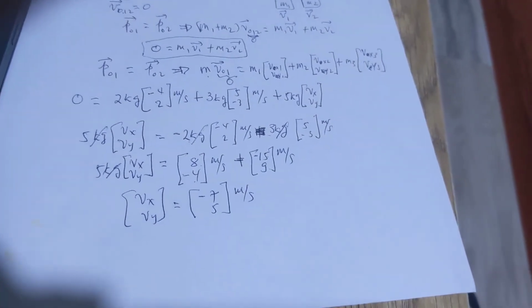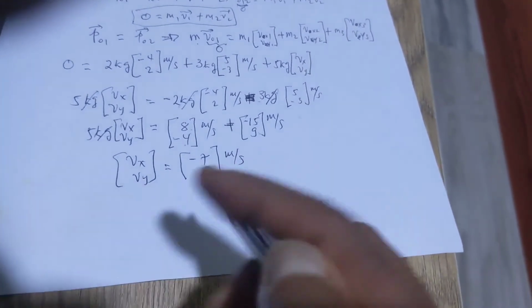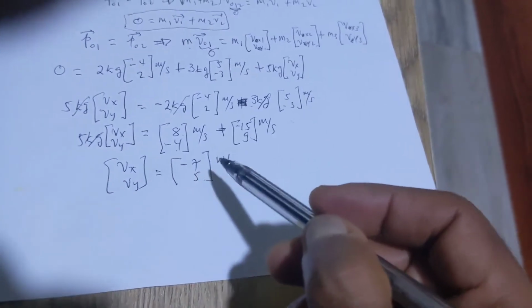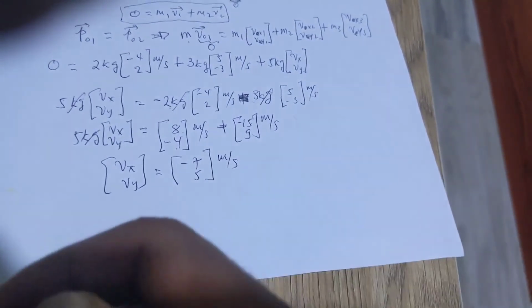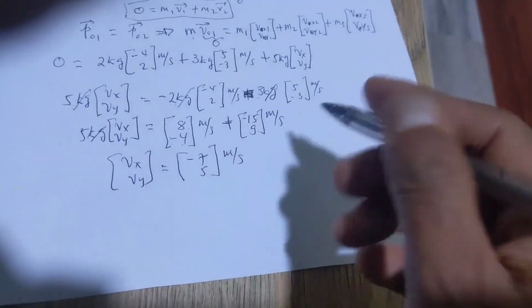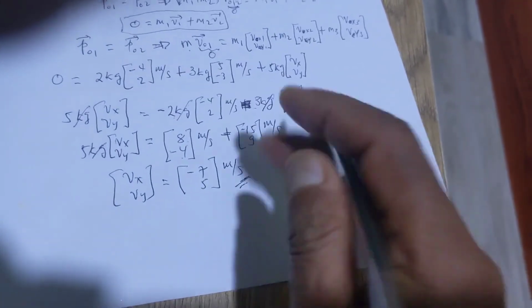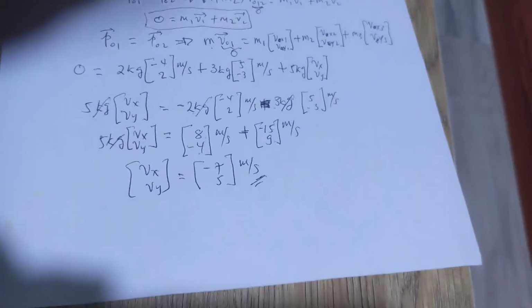The velocity of the third piece is -7 and 5 meters per second. These are the values, the answer to this question.